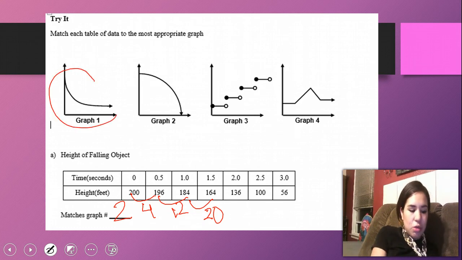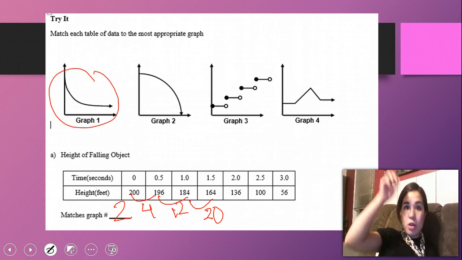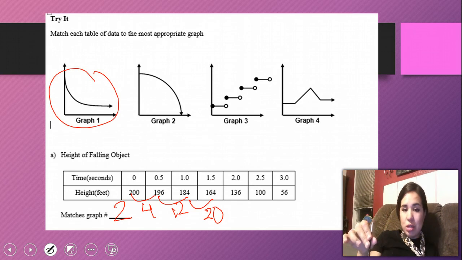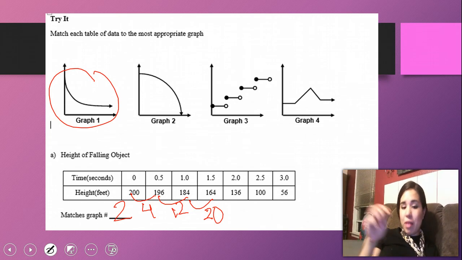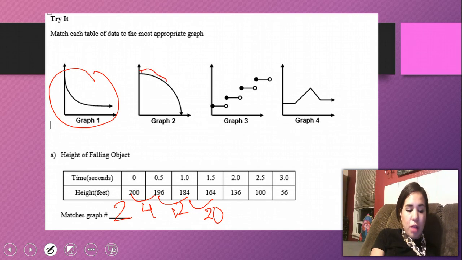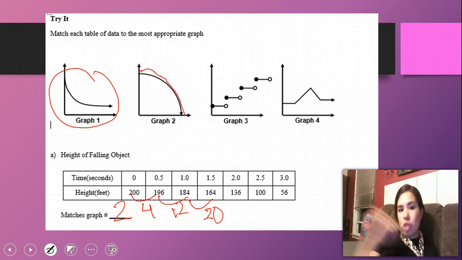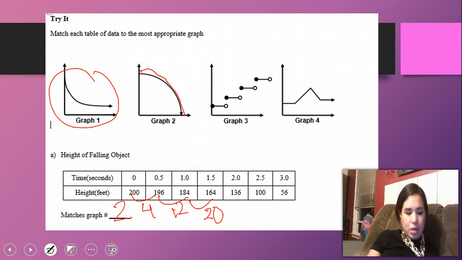And that's not what this graph is saying. This graph is saying first it's a huge change going down, and then it kind of starts slowing down how fast it's decreasing by. And that's not what we see here. We see it starting off slowly, and then all of a sudden it's changing drastically more fast. Okay, so that's why we were able to match it up to this.